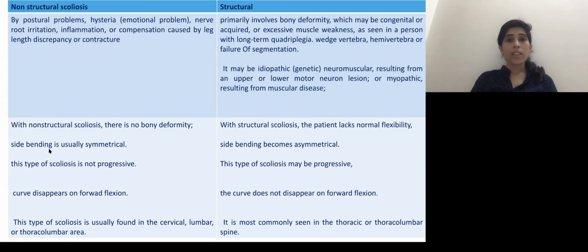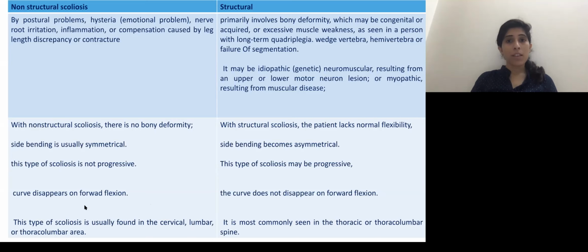In side bending, it is usually symmetrical in the case of non-structural scoliosis. In structural scoliosis, side bending becomes asymmetrical. Non-structural scoliosis is not progressive, whereas structural scoliosis is progressive in nature.